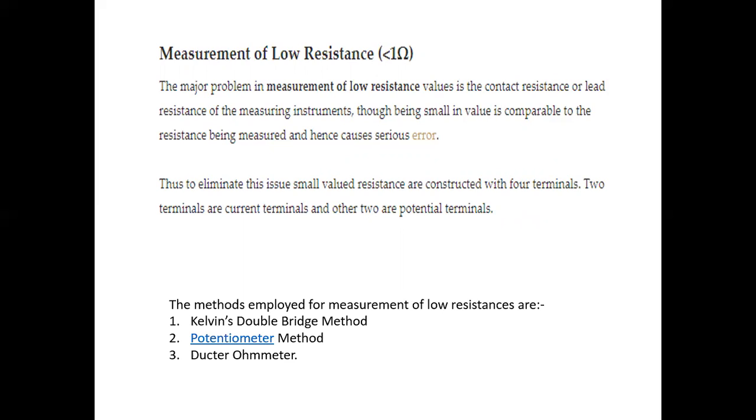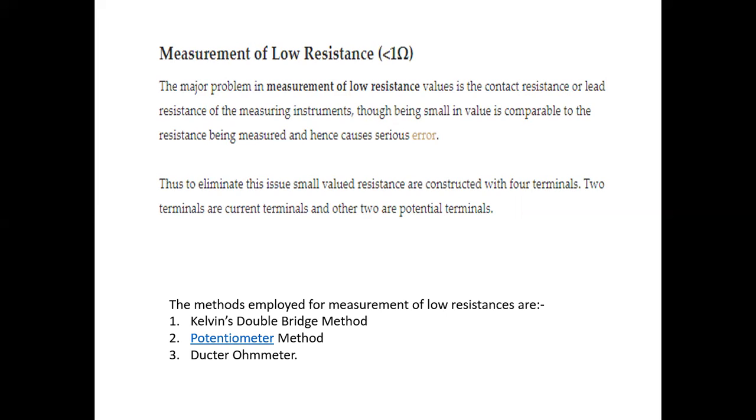Suppose the resistance to be measured is 1 ohm or 1 milliohm, then the resistance of the wire used to measure it would also be included in that measurement. Thus, to eliminate these issues, small value resistors are constructed with 4 terminals.